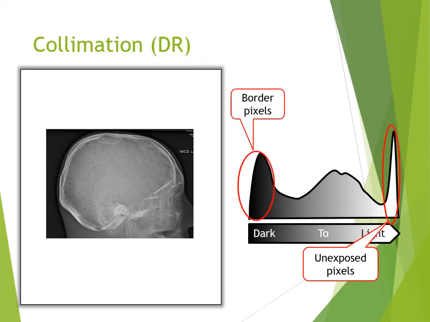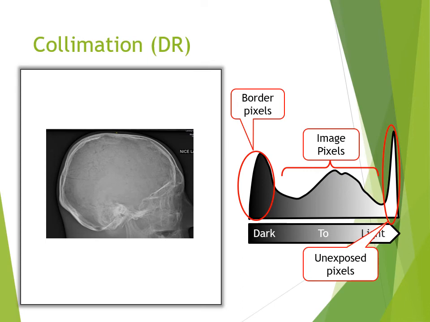Most properly exposed radiographs have a black border surrounding the anatomy. These pixels are exposed to radiation with nothing but air between the X-ray tube and the imaging plate. These pixels have more density variation, so the peak is thicker horizontally. Pixels in the middle of the histogram mostly represent soft tissue and bony structures.